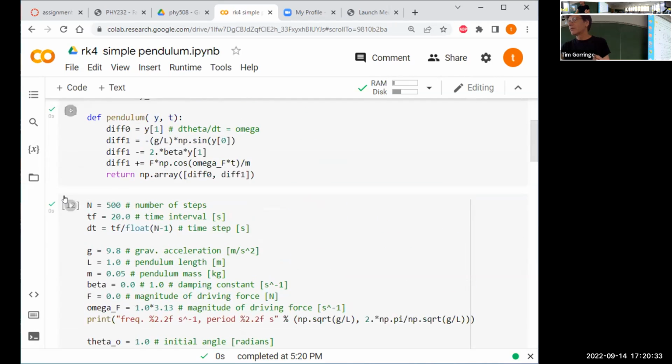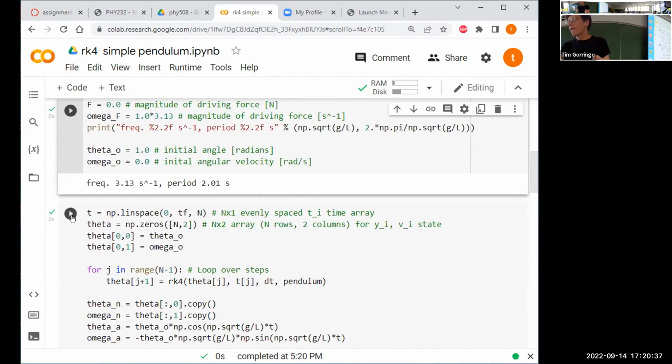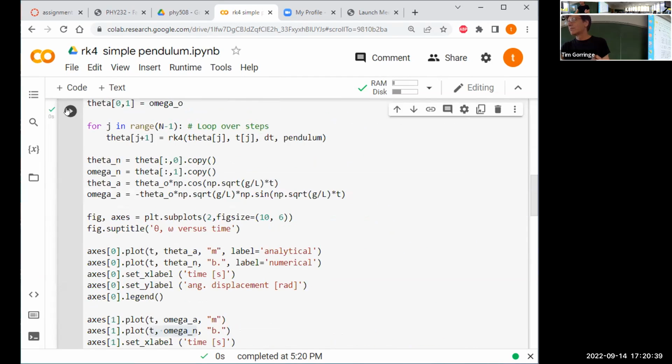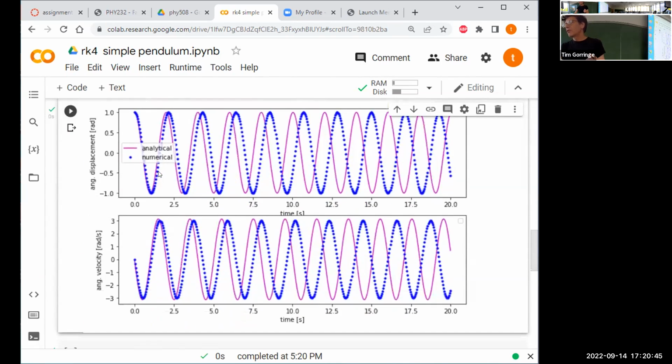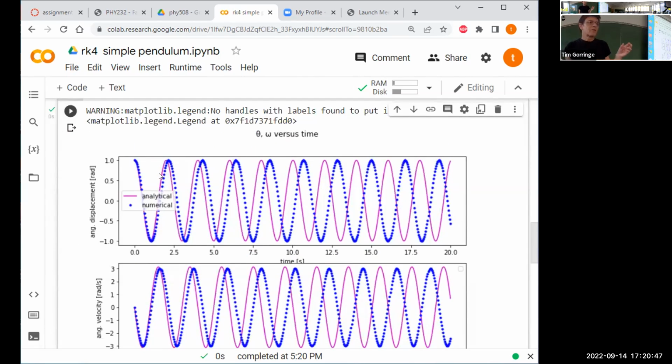Did I run this one? So this is the result if now, instead of swinging the pendulum like this, I start swinging it from this sort of angle.